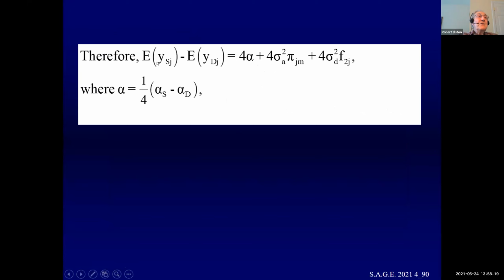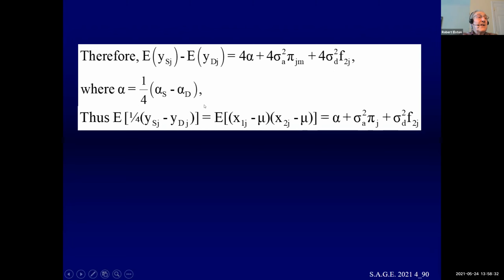So now if you take what I call the sum minus the difference, you get this, where alpha is a quarter of this baseline here. This is equal to, now at the trait locus, the difference is simply this, and alpha measures all the residual sibling covariance.